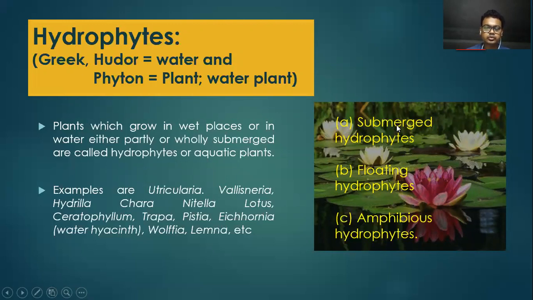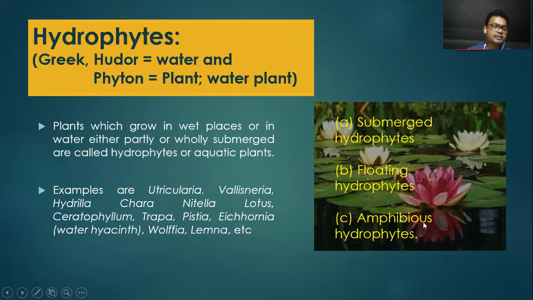Those that grow below the water level are submerged. Those that grow on the upper surface of the water body are floating hydrophytes. Those that grow near the water body are called amphibious hydrophytes.